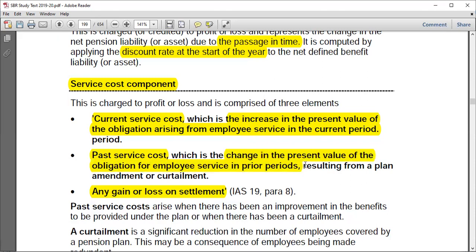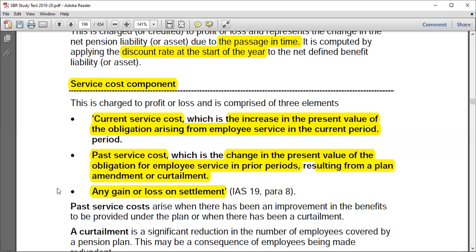This results from a plan amendment or curtailment. If you amend or curtail the plan, the changes should be reflected even back, and it could be beneficial to the entity or to the employees. So it will depend, right?